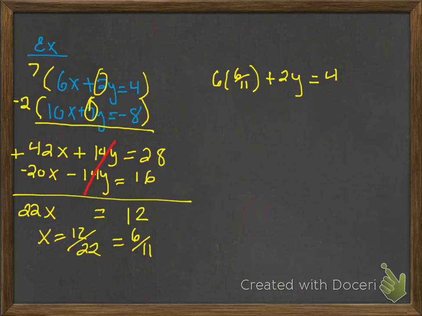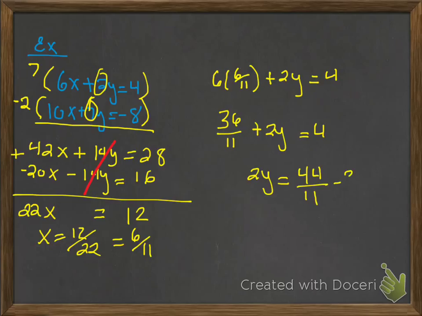So we're going to end up with 36 over 11 plus 2y is equal to 4. So I'm actually going to make the 4 into 44 over 11. So 2y is equal to 44 over 11, because I multiplied top and bottom by 11, minus 36 over 11.